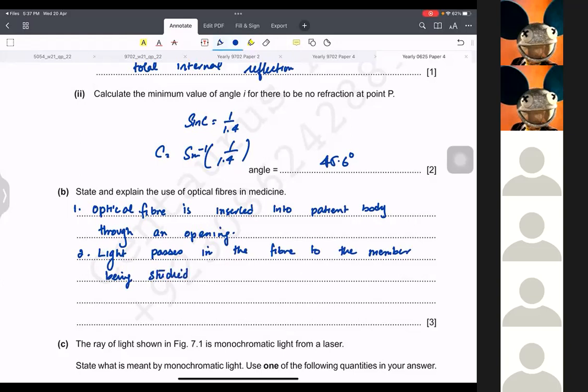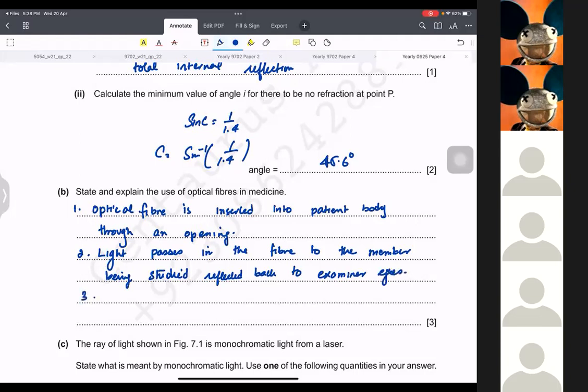Okay? All right. And reflected back to the doctor, the examiner's eyes. Okay, like that.